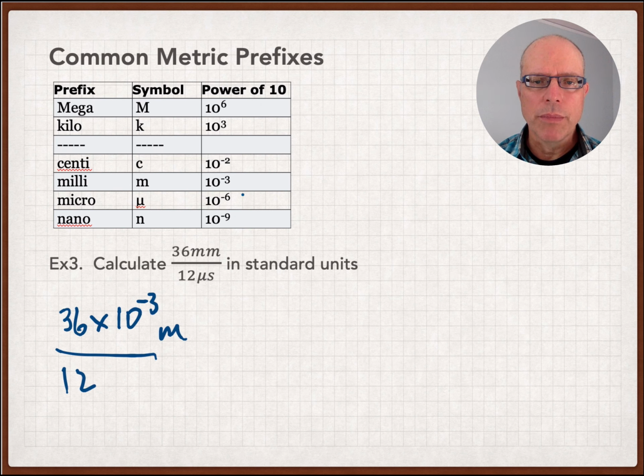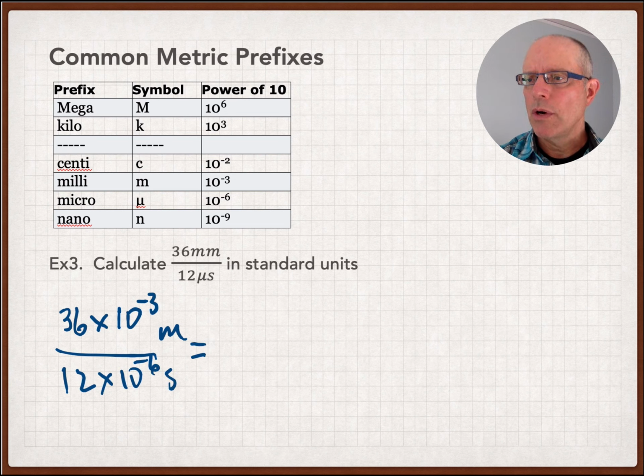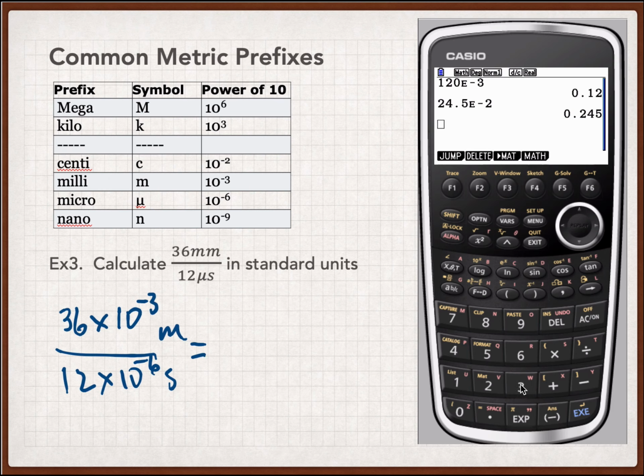Now it's a micro symbol, so instead of micro, we're going to write times 10 to the negative 6 seconds. And we'll go ahead and grab our trusty graphing calculator, and we'll write 36 EXP negative 3, hit the divided by 12 EXP negative 6, and crank that out, and we end up with 3,000.